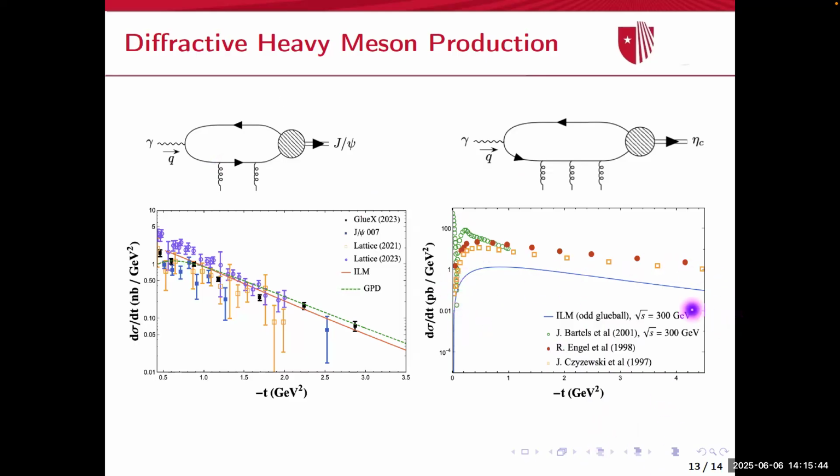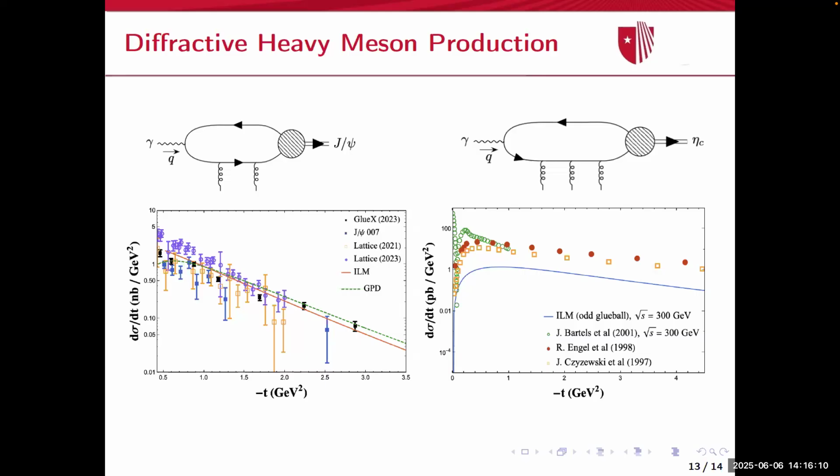But you can see the inconsistency over here. The reason is our model mostly works near threshold, but the center of mass energy here is 300 GeV. So we just extrapolate our result to the very high center of mass energy. But you can still see the gap is not dramatic.